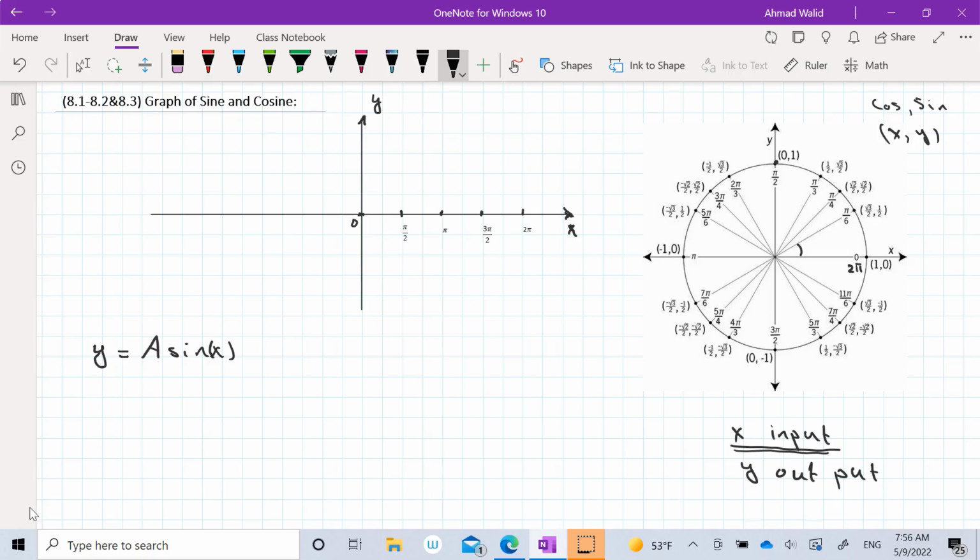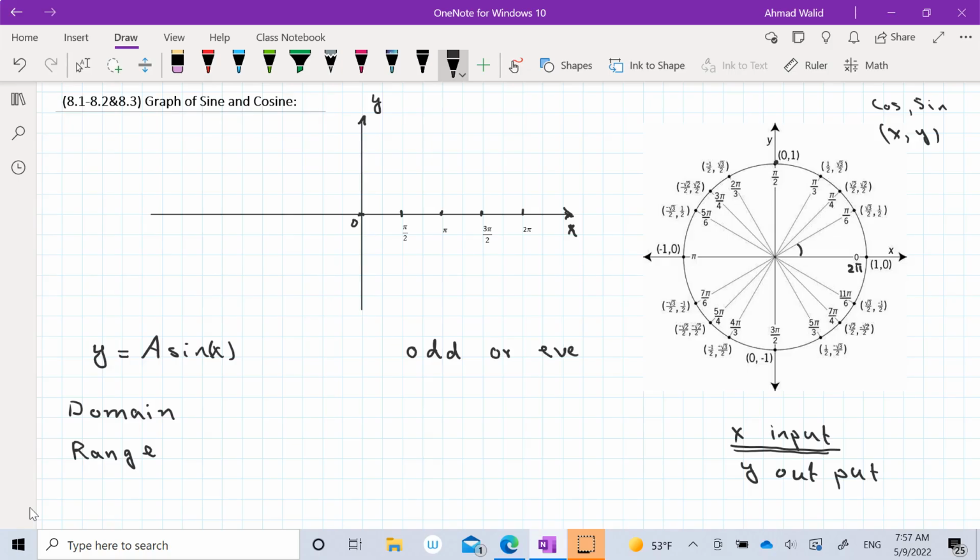Now, what we want to explain here, I will start with this. First, I want to see what is the domain of the sine? I want to answer this. What is the range? Correct? Is this function odd or even?